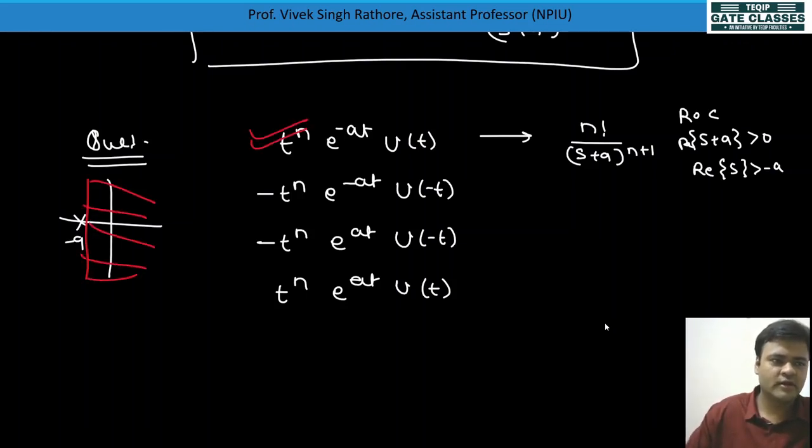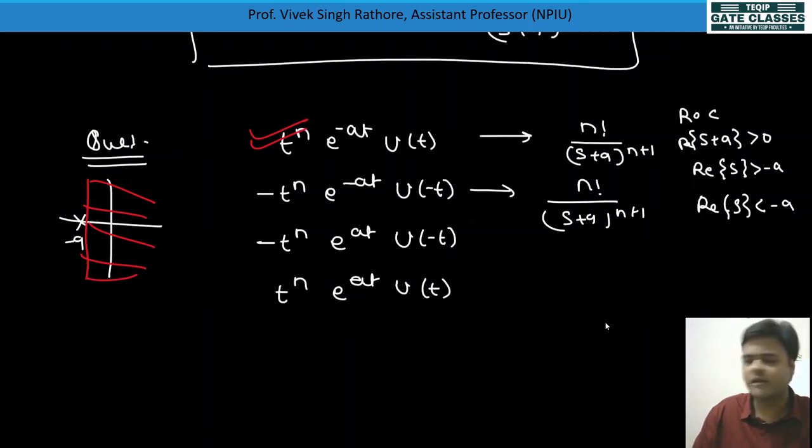So this system will definitely be stable. See, this is the same system, n factorial by s plus a to the power n plus 1, but this ROC will be real part of s is less than minus a. So will it be stable? You'll tell me, no sir, this is not a stable system.